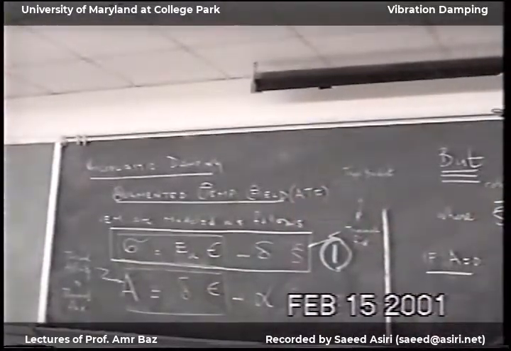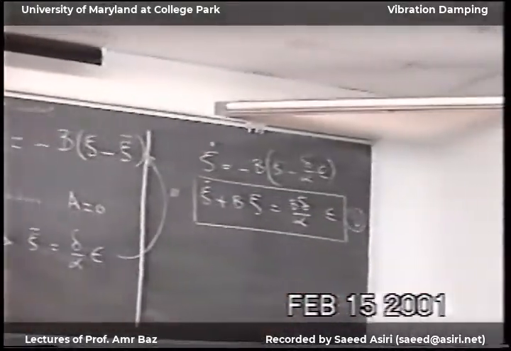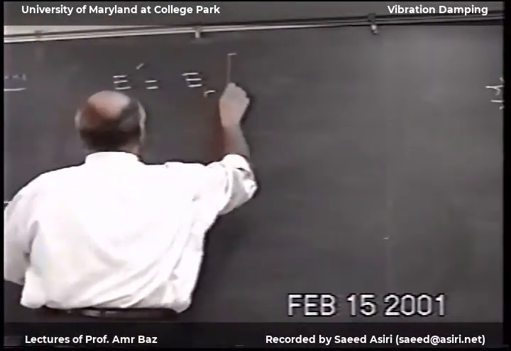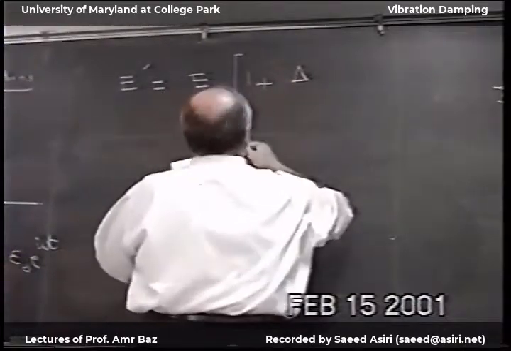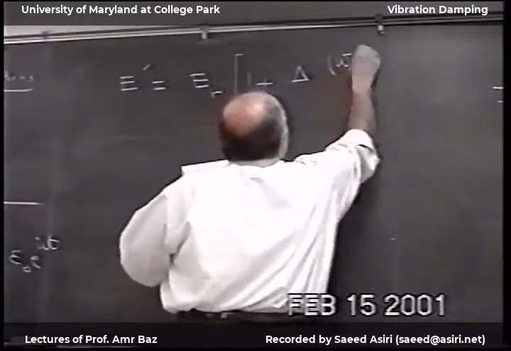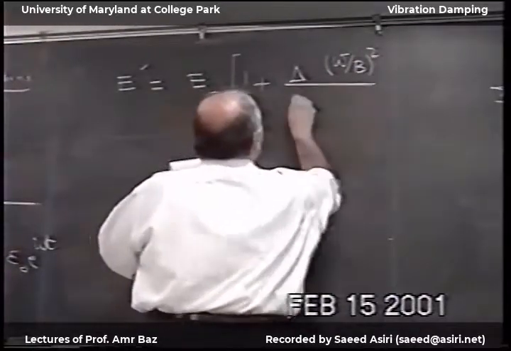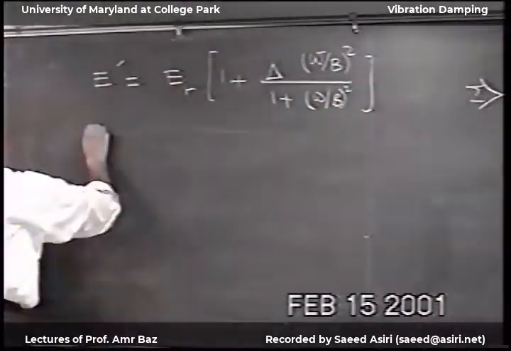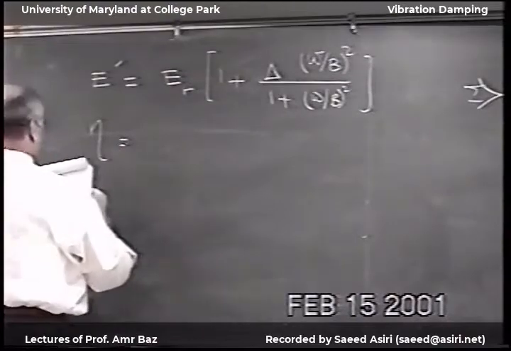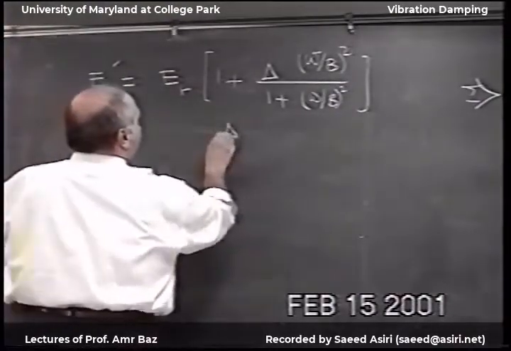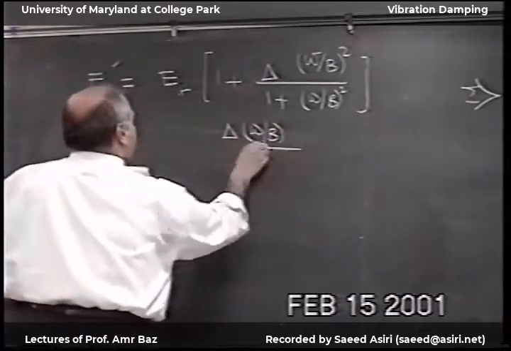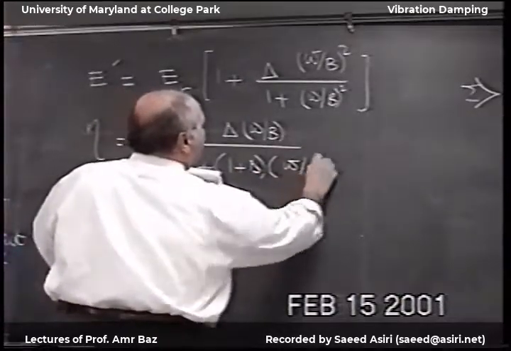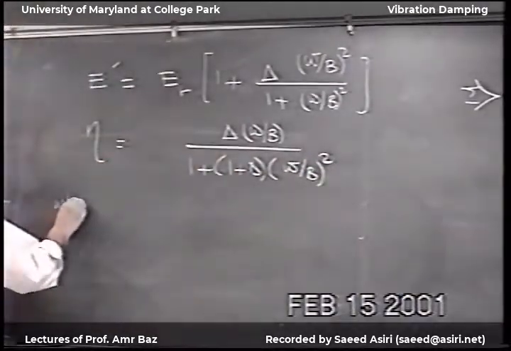Now these final results: E prime will equal ER, not EU, times 1 plus delta omega over B squared, divided by 1 plus omega over B squared, and eta will equal delta over 1 plus delta omega over B squared, where I defined two new things now.